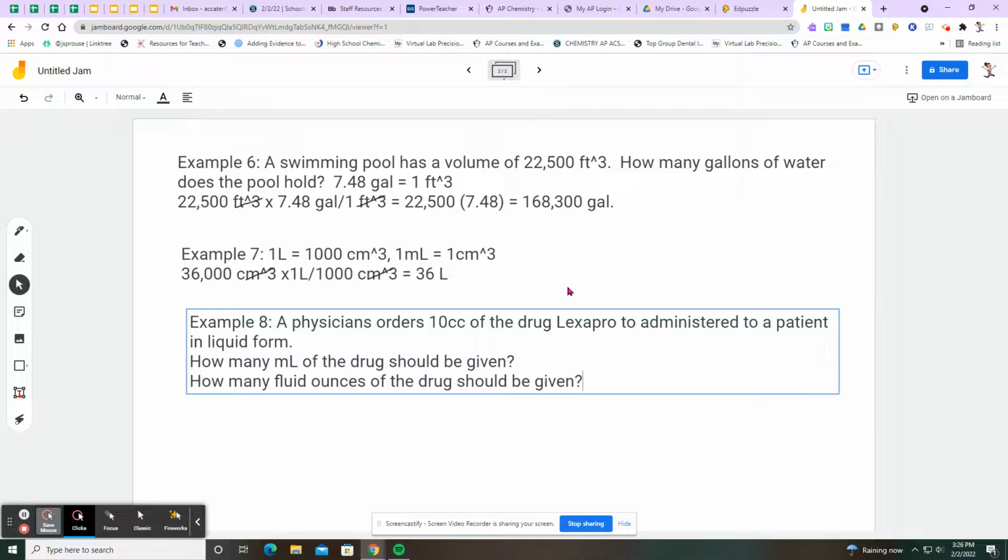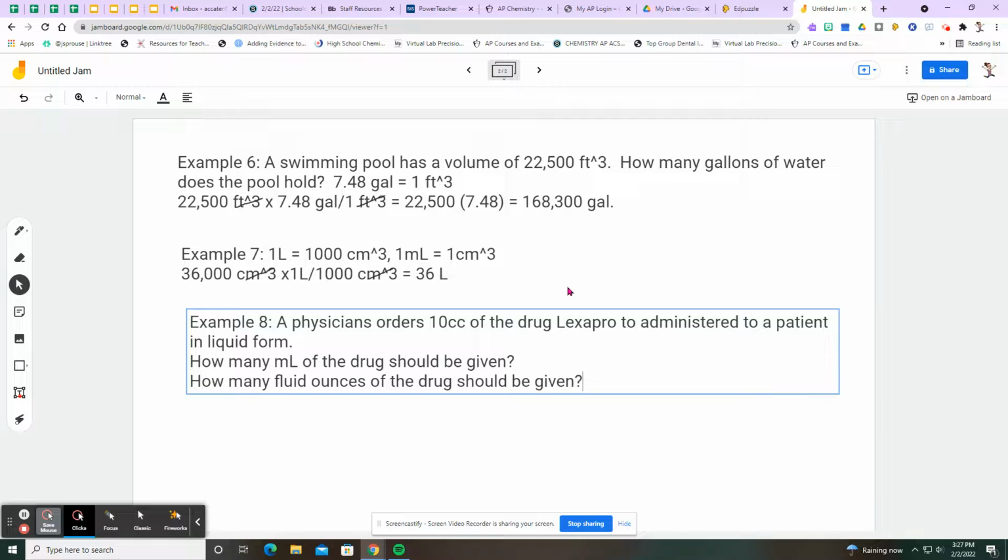Because sometimes milliliters is more of a metric unit, fluid ounces is more of an everyday unit. So if you're having to take this at home, nowadays they'll give a syringe that measures in milliliters, but you might not have anything that measures milliliters. You might have something that only measures ounces, and you need to be able to switch between the two.